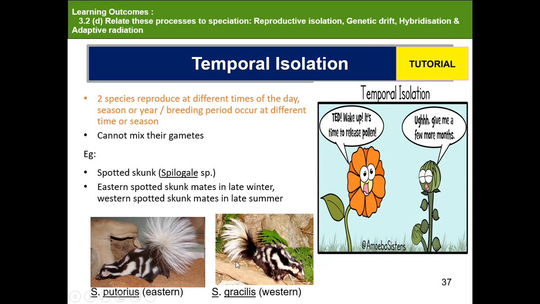So if both spotted skunks meet, they cannot interbreed because of different reproductive times.